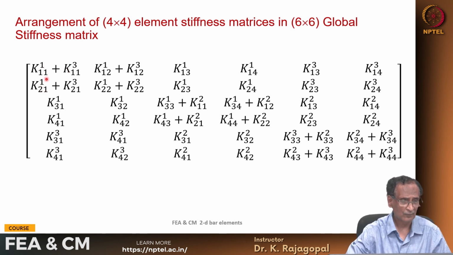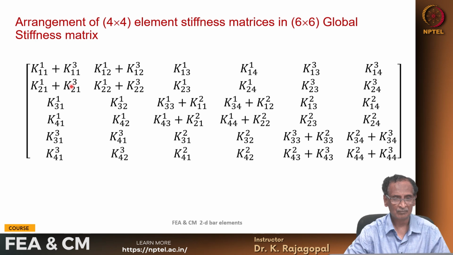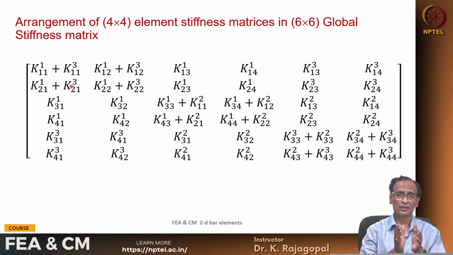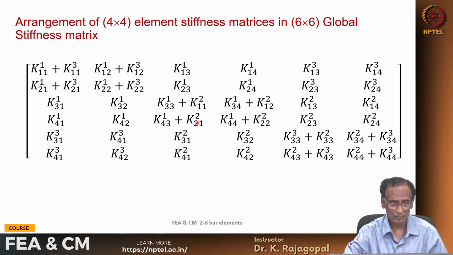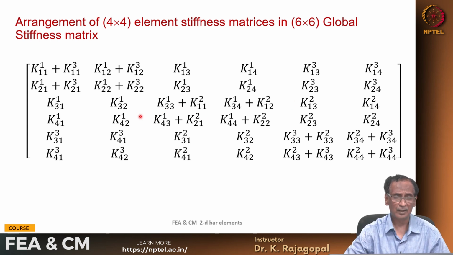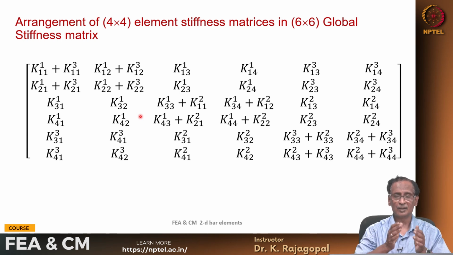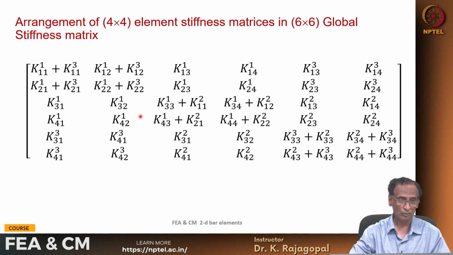The contribution of element 1 is in the first 4 rows and 4 columns, because local numbers 1, 2, 3, 4 correspond to global numbers 1, 2, 3, 4, whereas for element 2 they correspond to 3, 4, 5, 6. So we place the contribution of element 2 in the last 4 rows and 4 columns, whereas the contribution of element 3 is in the first 2 columns and the last 2 columns, and the first 2 rows and last 2 rows, not in the third and fourth rows or columns.